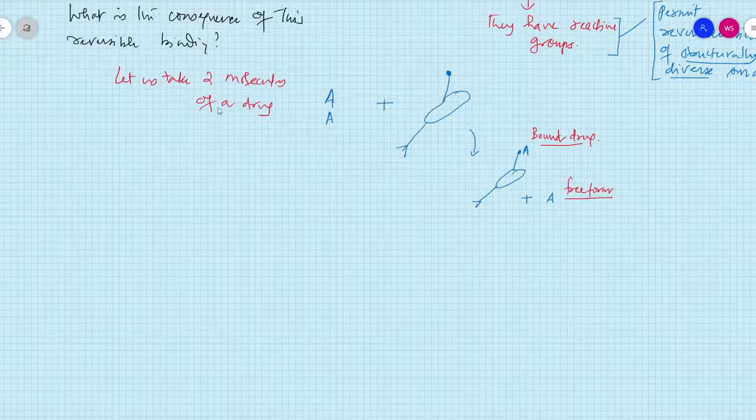So what's the consequence? The drug encounters the plasma protein, and some of it gets bound and some of it remains in the free form.